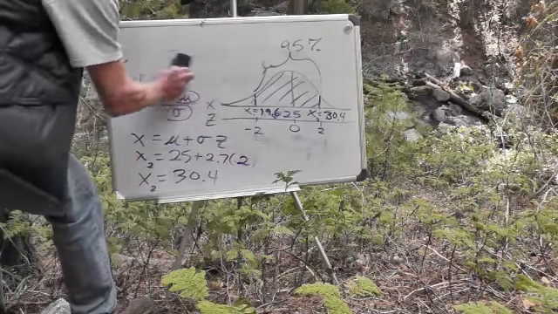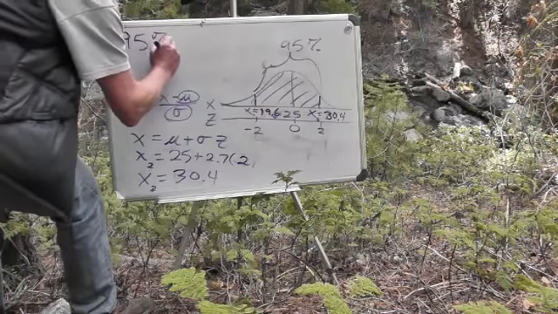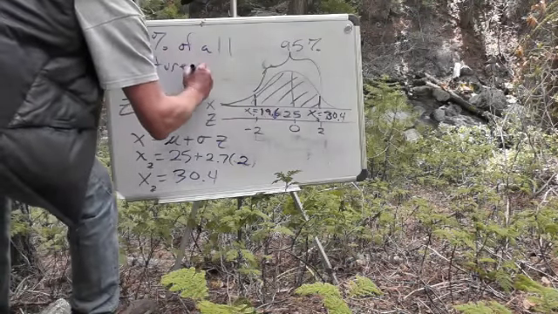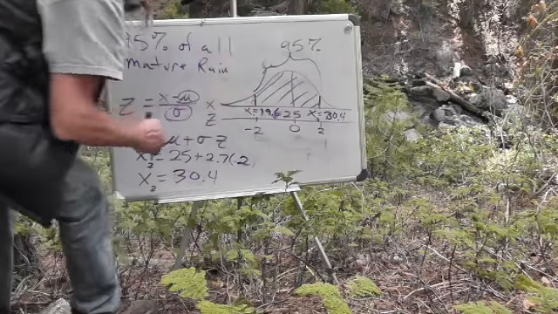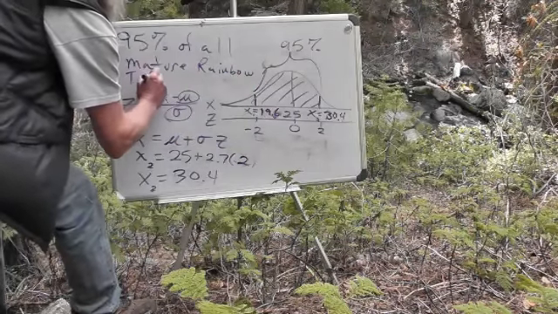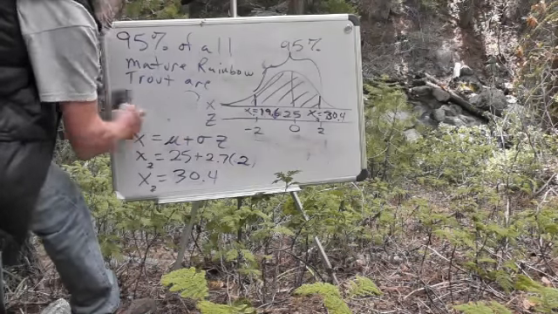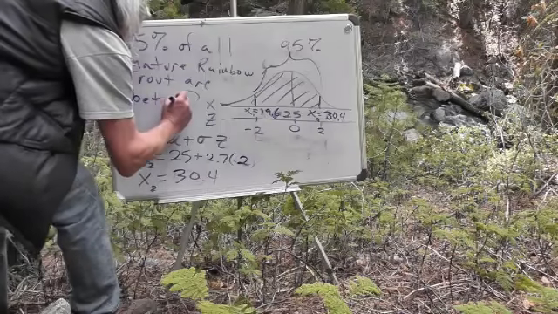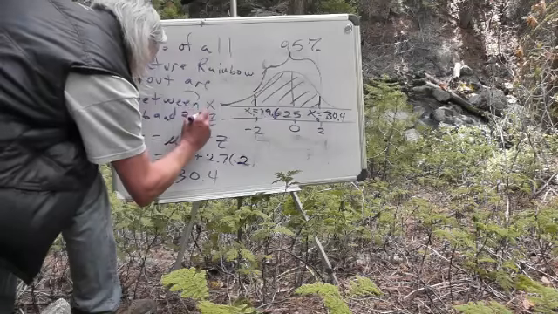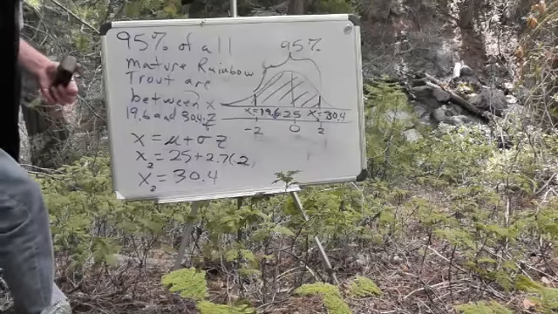So let's just get rid of this and write it out, and basically we would say something like, 95% of all mature rainbow trout are between 19.6 and 30.4 inches.